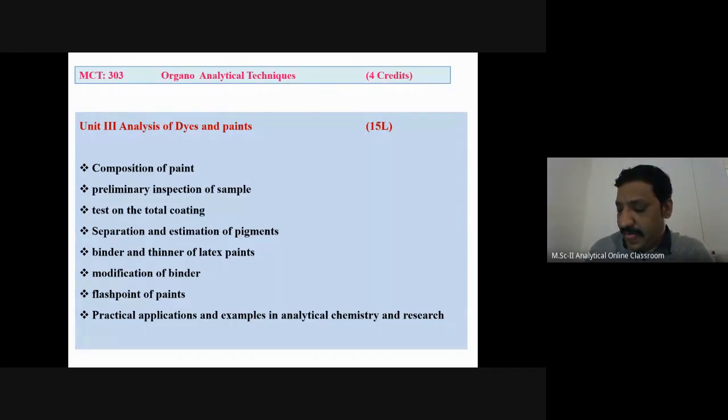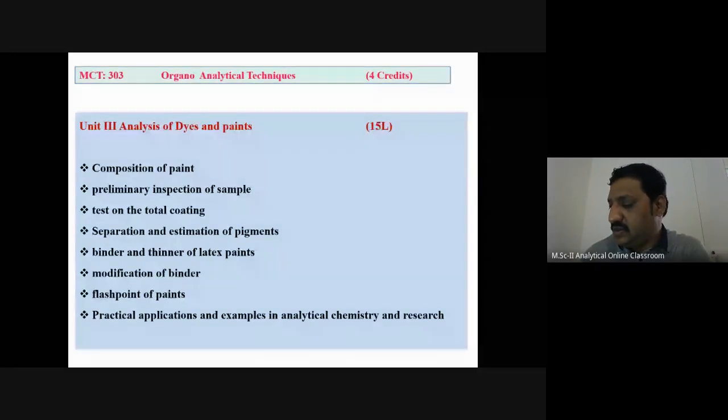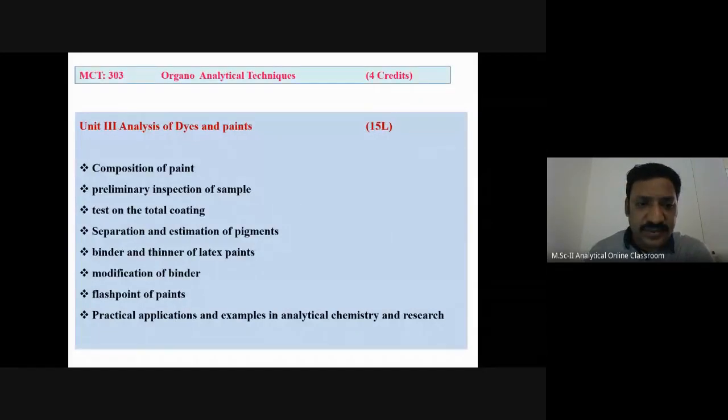Next, explain the term pigment. Write its separation techniques.